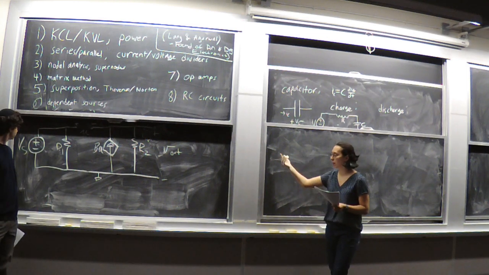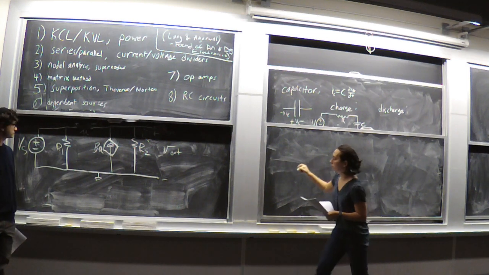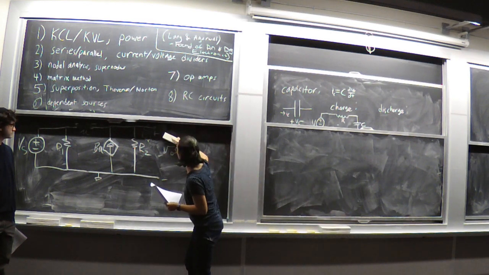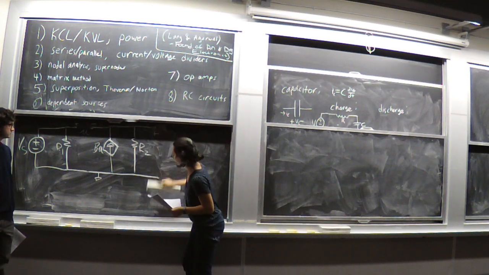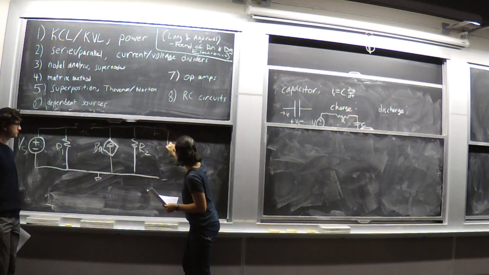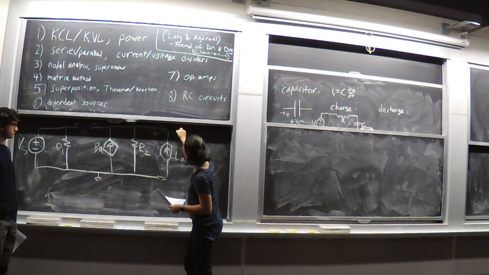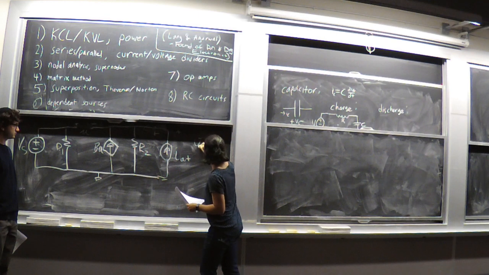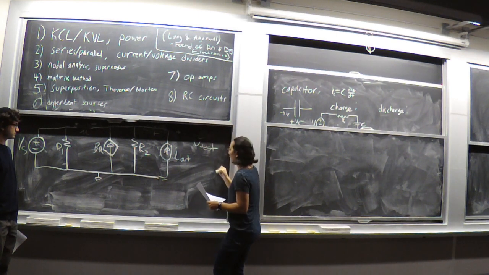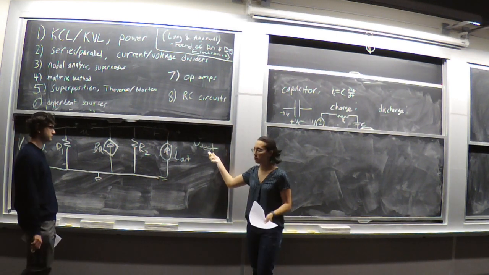In this case, I'll apply a test current. So we'll add our test current, I out, and we'll measure V test. And let's solve this problem with superposition, for example.